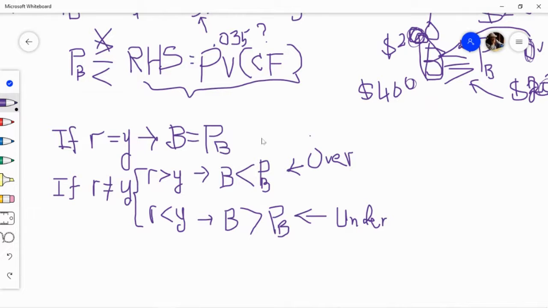The intrinsic value must be equal to the market price, and that's market efficiency. It sounds like a very good thing, a great thing, but actually it means you can't make money, right?